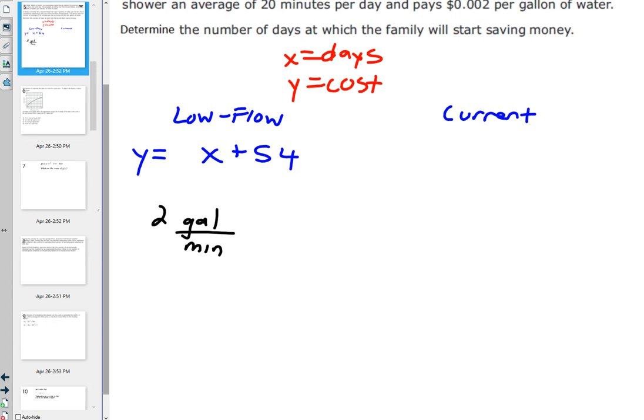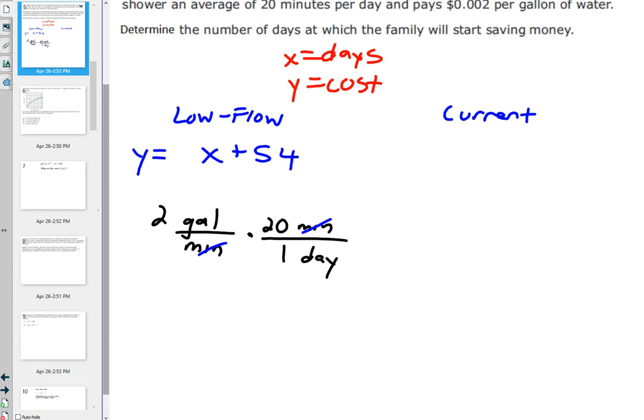Now we're not going to do a regular conversion of how many minutes there are in a day, because all we care about is how long they're using the shower head for. So to turn minutes into days, how many minutes are they using the shower in one day? 20. So times 20 minutes to get the minutes to cancel, and that's going to give me the days I wanted on the bottom, because the minutes are going to cancel out.